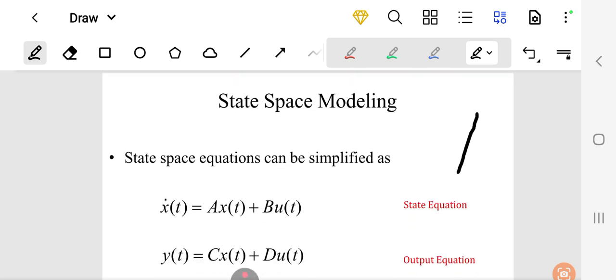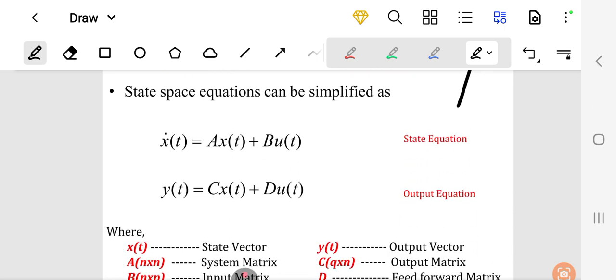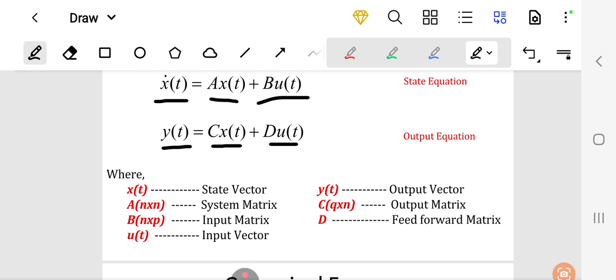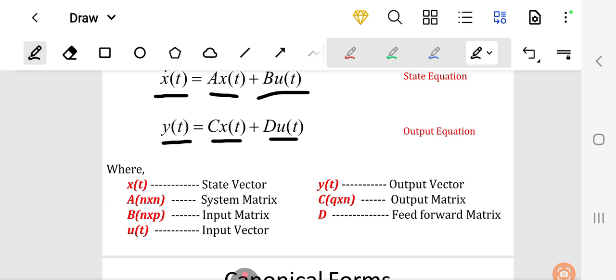We want now to see the state space modeling as general equations. The general equations are x dot equals Ax plus Bu and y equals Cx plus Du. X is the states vector, and A is the n by n system matrix.